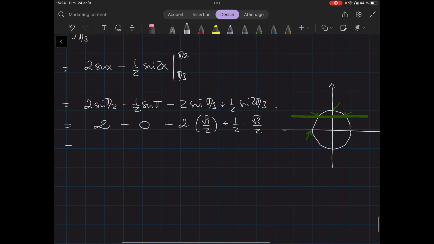And the final answer that we will get is 2 minus root 3 plus root 3 divided by 4, or 2 minus 3 root 3 divided by 4. Either answer is correct. And this is the end of the survival paper A7.